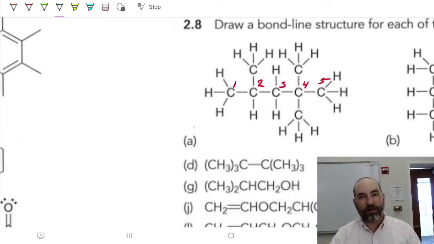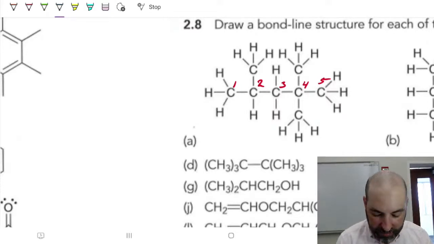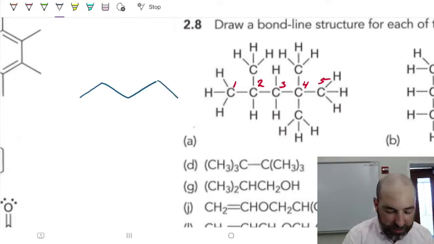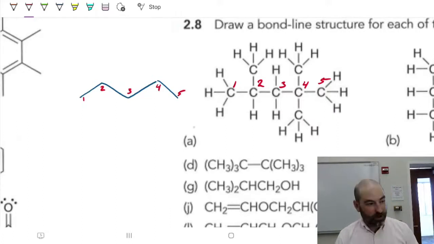And it doesn't matter which way I start, up or down, but I want to make sure that I've drawn 5 carbons in a zigzag line. So that's going to be 1, 2, 3, 4, 5. And then it's always a good idea to transfer those numbers just so you make sure you did the right amount. All right, so 1, 2, 3, 4, 5. We've got those 5 carbons.